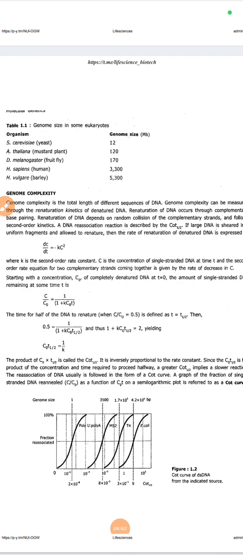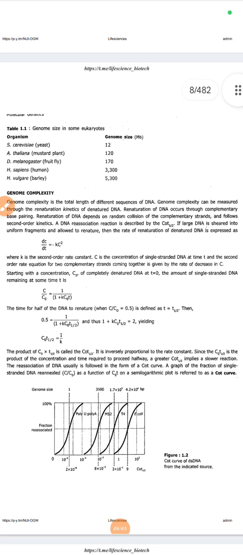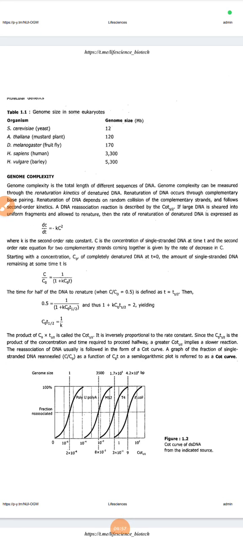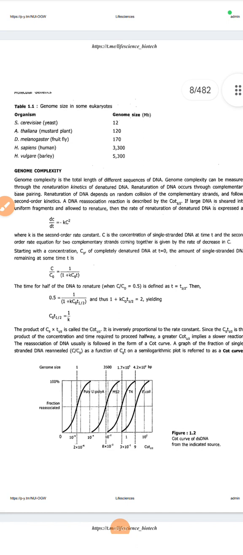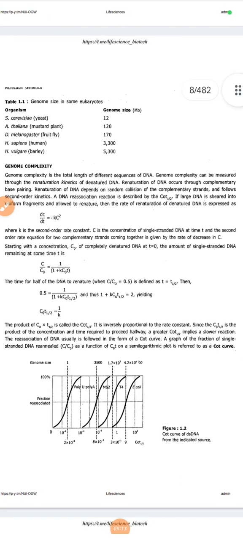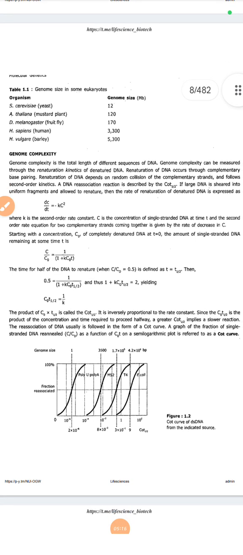Capital C is the concentration of single stranded DNA at time t, and the second order rate equation for the two complementary strands coming close together is given by the rate of decrease in C. Starting with a concentration of C0, where the DNA is denatured at time t0 and has not renatured yet, the amount of single stranded DNA remaining at some time t, final over initial concentration, is equal to 1 over 1 plus kC0t.